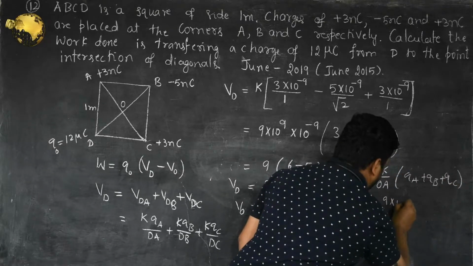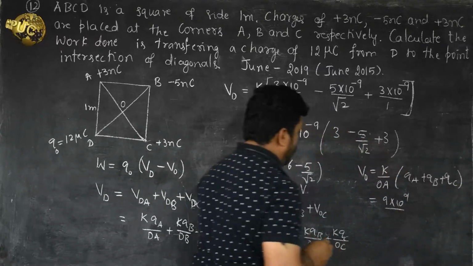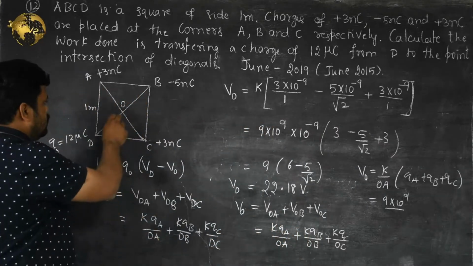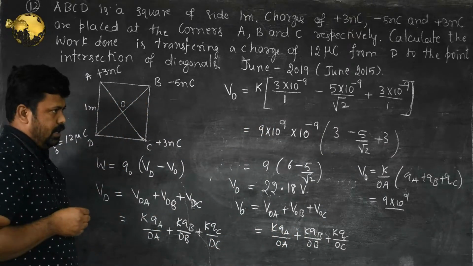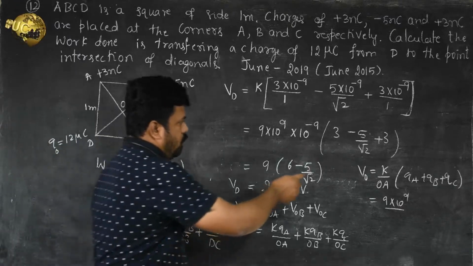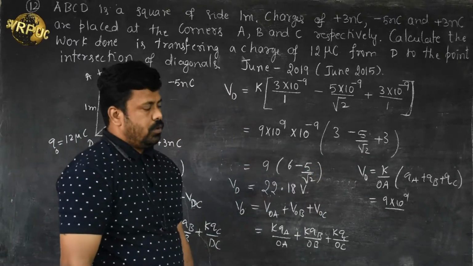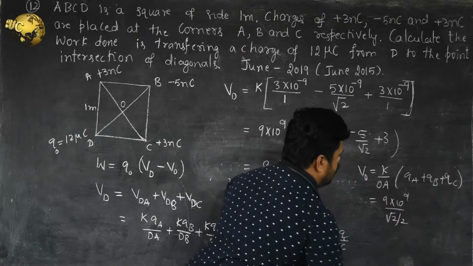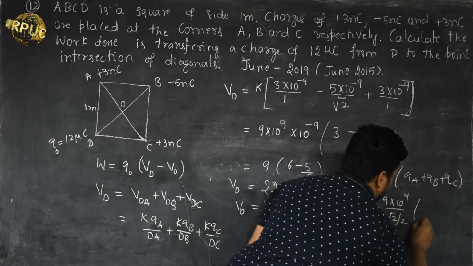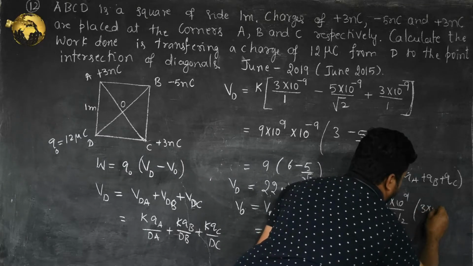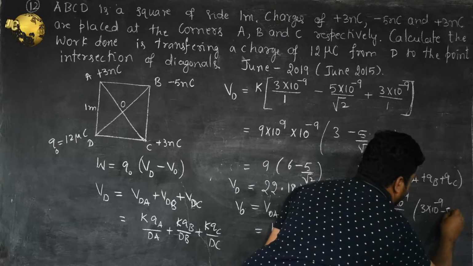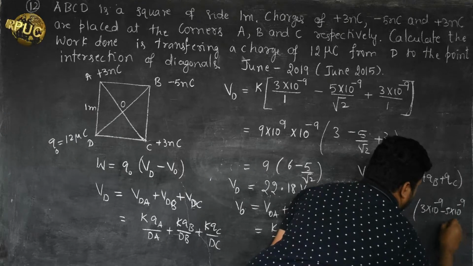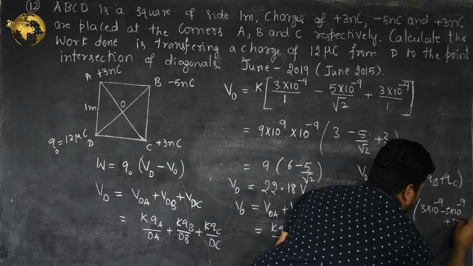9 into 10 to the power 9 whole divided by OA. OA is half of the diagonal. The diagonal is root 2, so half of root 2 is root 2 by 2, and this will be 3 into 10 to the power minus 9 minus 5 into 10 to the power minus 9 plus 3 into 10 to the power minus 9.